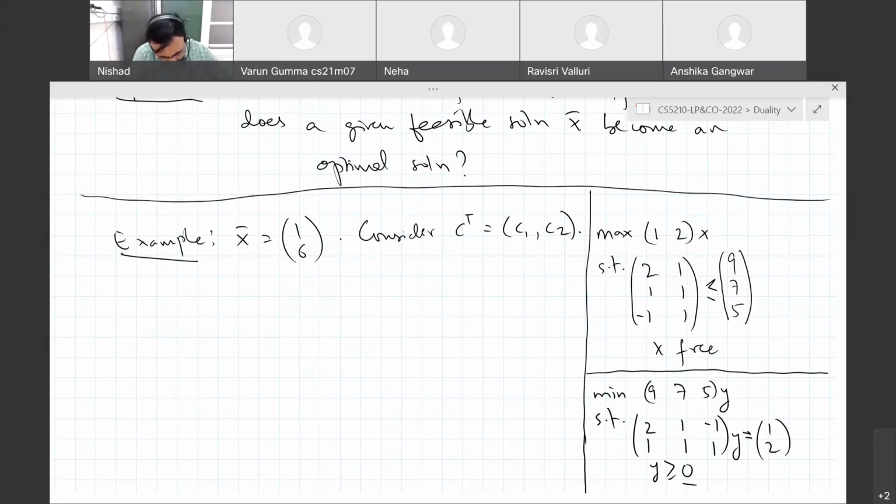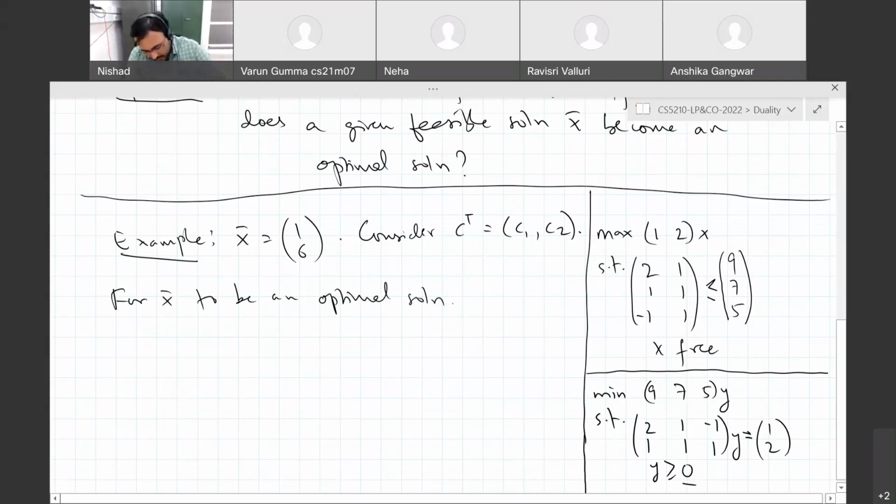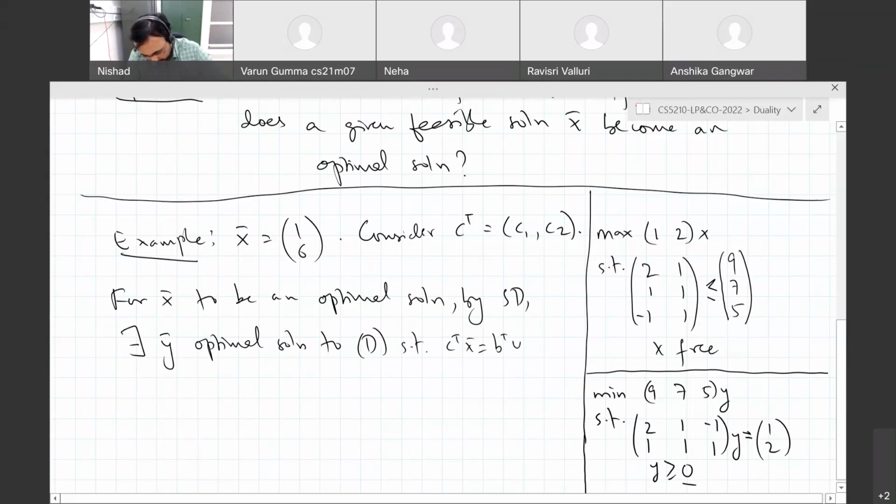So now let's suppose we want x bar to be an optimal solution. For x bar to be an optimal solution, by strong duality, there exists y bar, which is also an optimal solution to the dual, such that C transpose x bar is equal to B transpose y bar.